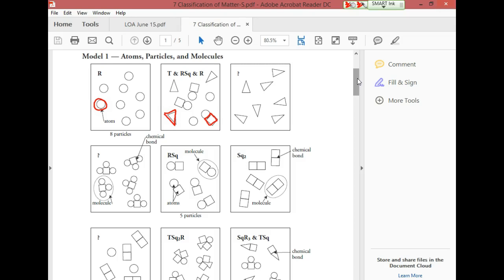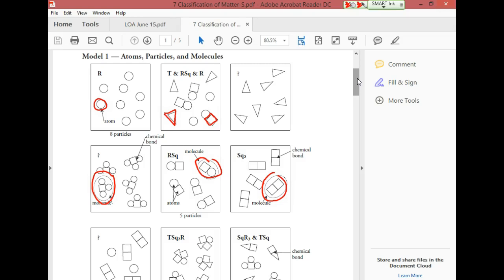It gives you 3 examples of molecules on this picture. Right here, and right here. What is a molecule? Felton? A chemical bond between 2 atoms.